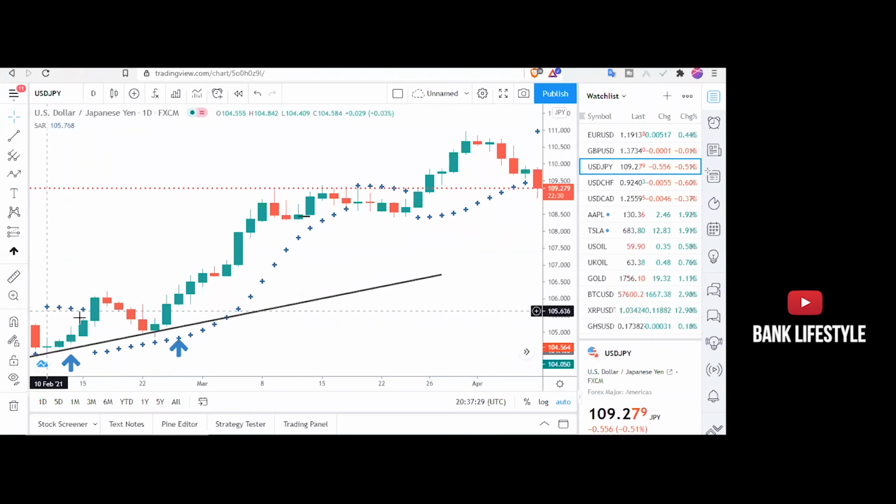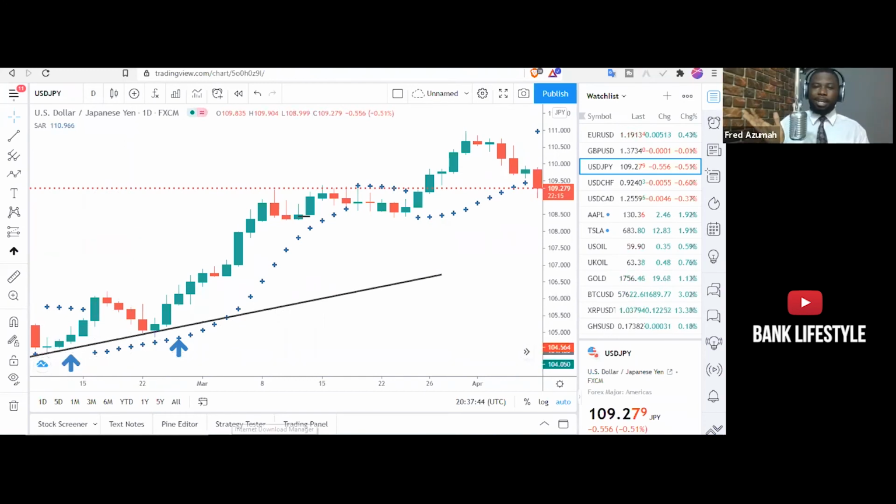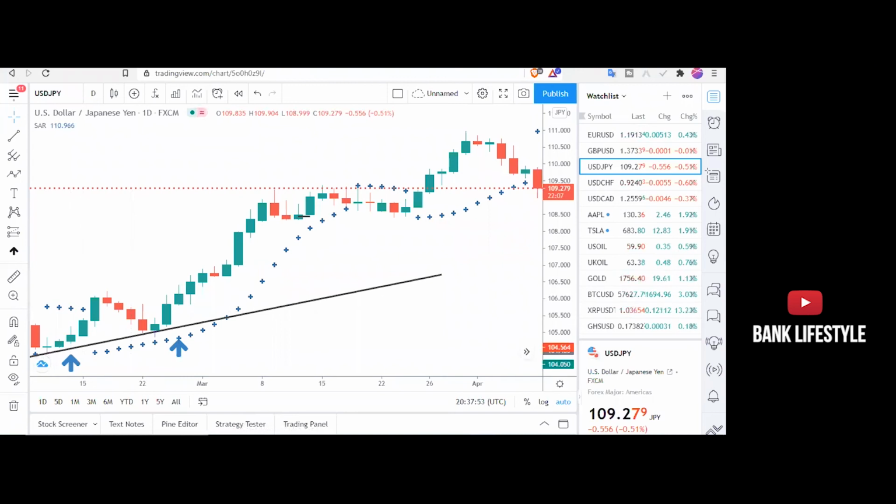But since the price didn't obey the parabolic and it broke through, you see the parabolic came to form down here. Then it's showing you that it could now be an uptrend. If the parabolic is down, it means that it's pushing the price up. And if the parabolic is up, the price should be moving down, or it should be compressing the price downwards. So that's how the parabolic works.